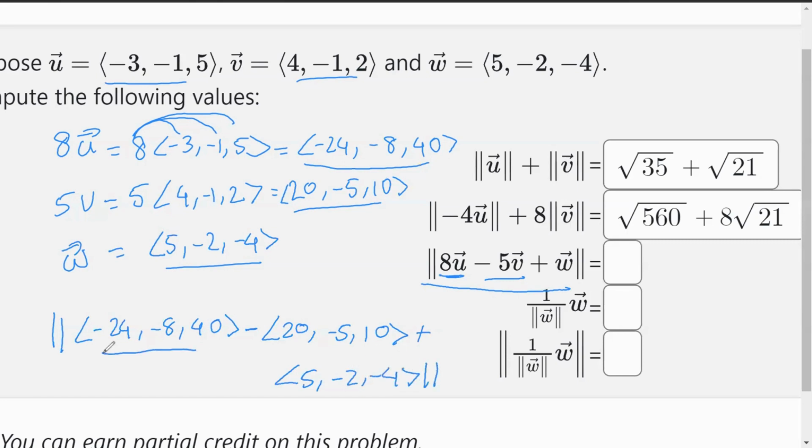Now I do the calculation for this. I subtract them and I add this and then I take the norm. I hope so far you understand how to do it. So I'm going to check the answers and I'm not going to continue because I have given enough explanation to explain how this one worked.